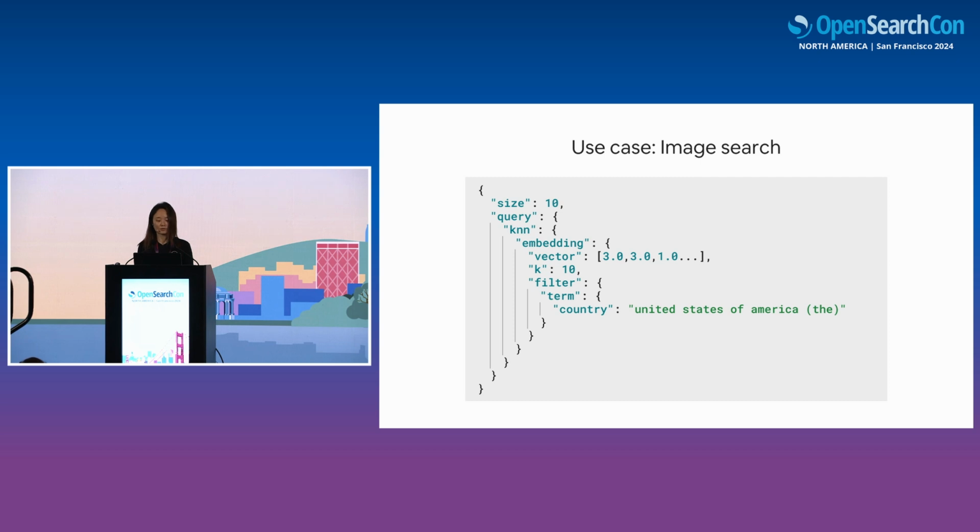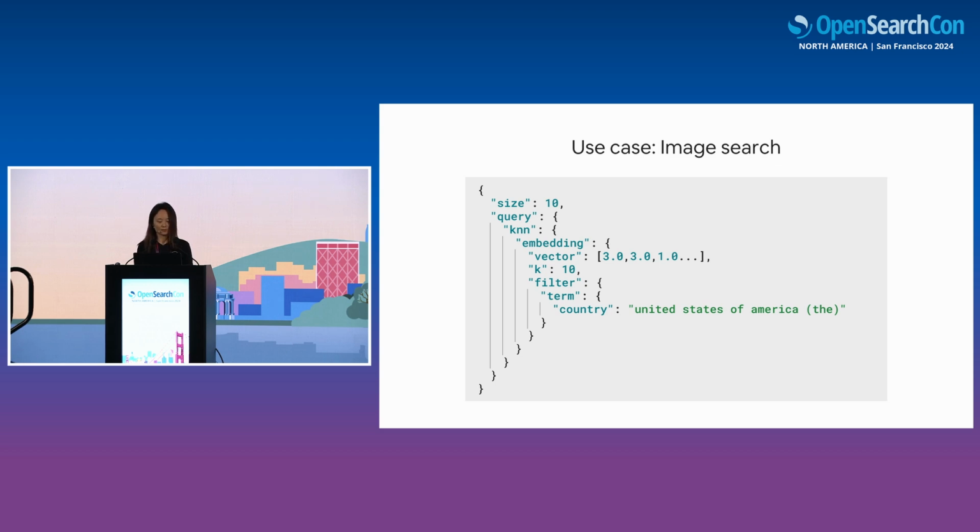So going back to our example of the image search use case, this slide illustrates how we perform vector similarity search in OpenSearch with the addition of a filter. We are searching for the top 10 closest embeddings, applying a term filter with only results of country United States of America.